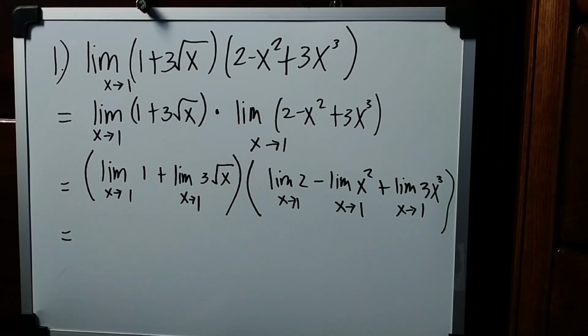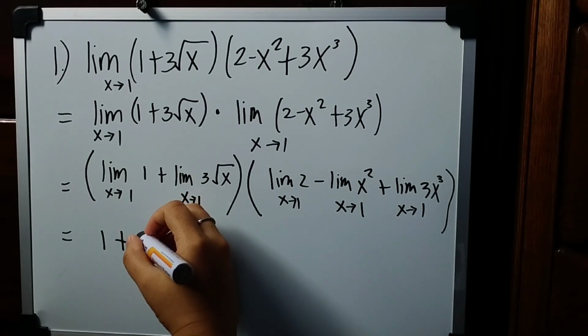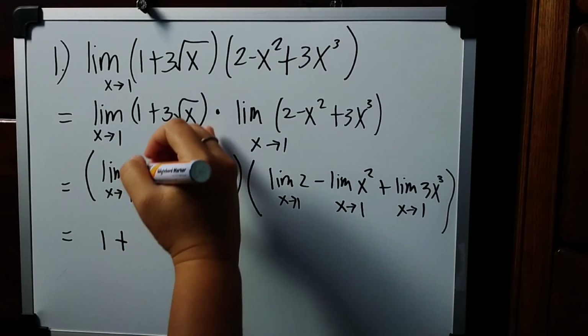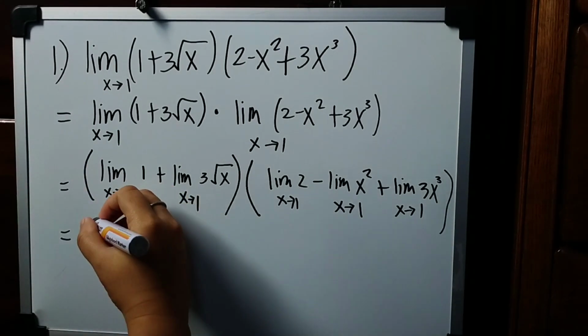So as we all know, the limit of a constant is the constant itself, plus 3 multiplied by the square root of 1, which is equivalent to 3.